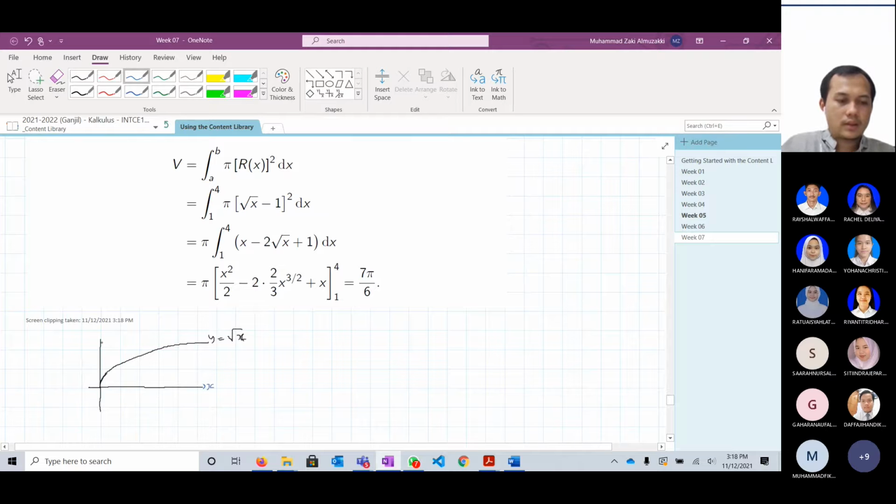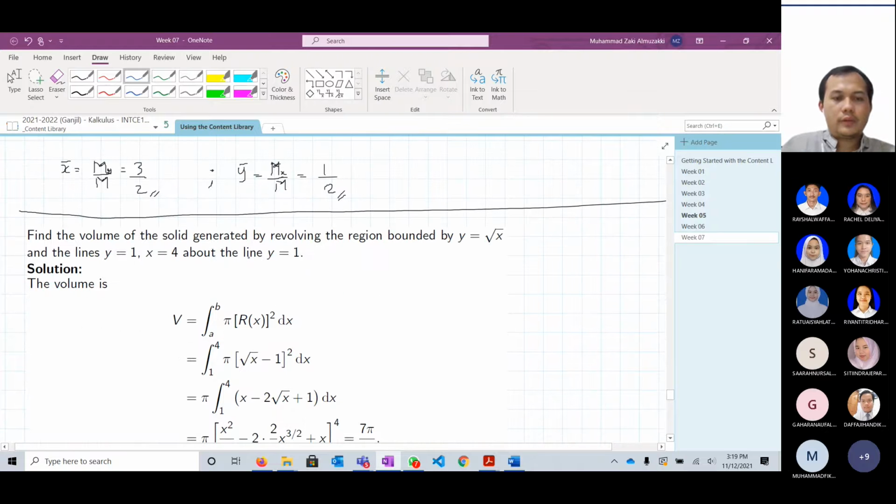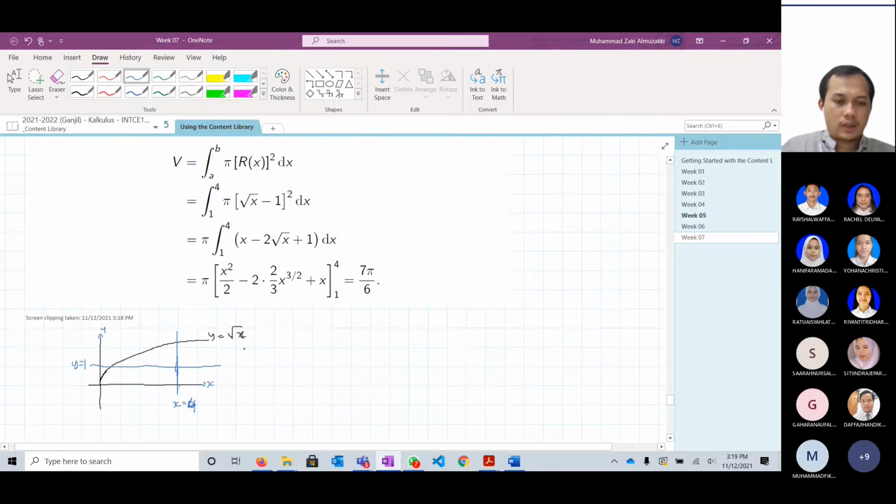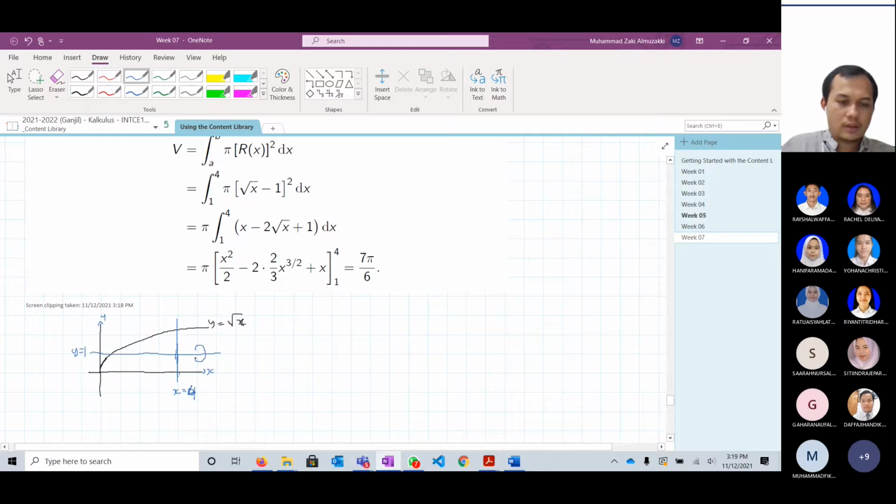Okay, this is x, this is y, x equals 4 here, and we have the line y equals 1. And we revolve about the line y equals 1. Jadi this guy. So this is the revolution.